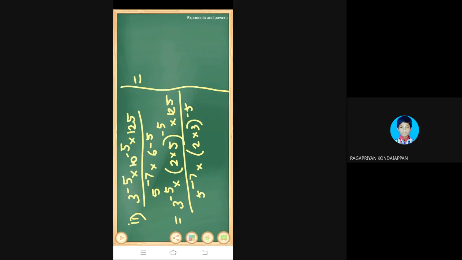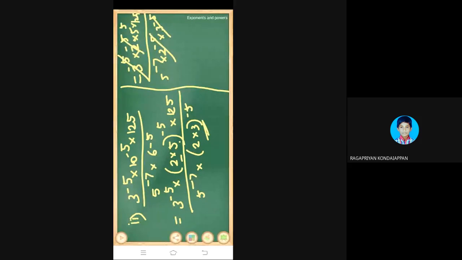So let us write 3 power minus 5 into 2 power minus 5 into 5 power minus 5 into 125, divided by 5 power minus 7 into 2 power minus 5 into 3 power minus 5. Now let us cancel the terms. Here also 3 power minus 5, here also 3 power minus 5. Here also 2 power minus 5, here also 2 power minus 5.